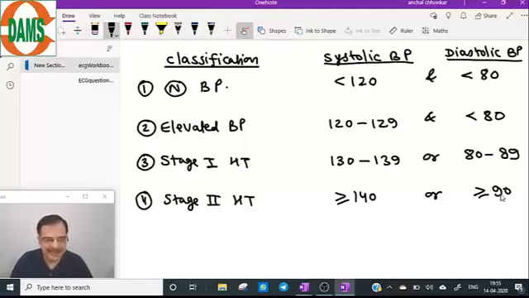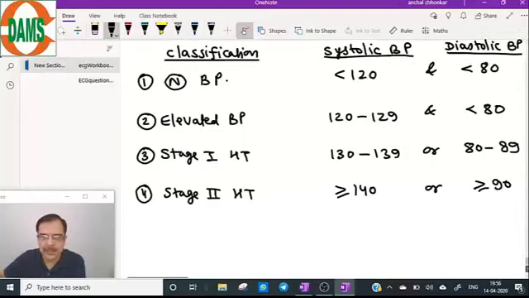The second is how many readings are needed to make a diagnosis of hypertension or elevated BP. Those guidelines have also changed. Yes, for all ages. And yes, elevated BP is the same as pre-hypertension; it can be a synonym.